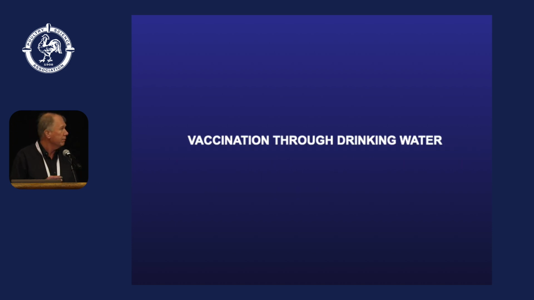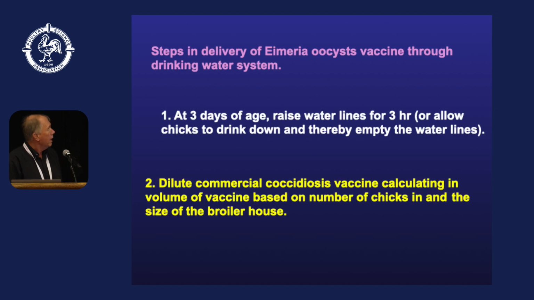The technique that I'm really high on now is vaccination through drinking water. We actually have a patent pending on this, the adaptation that we've come up with. So it's really easy. It only requires 2 people. At 3 days of age, you raise the water lines for about 3 hours in a broiler house. Or, we've also shown that you can allow the chicks to drink down the water and thereby empty the water lines.